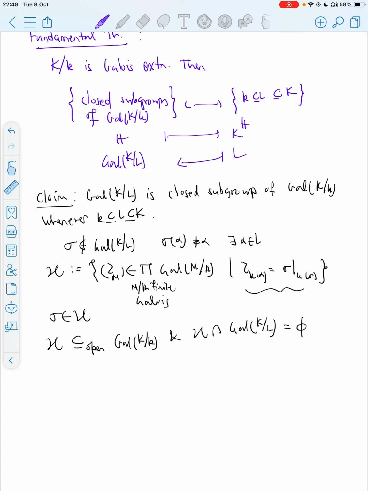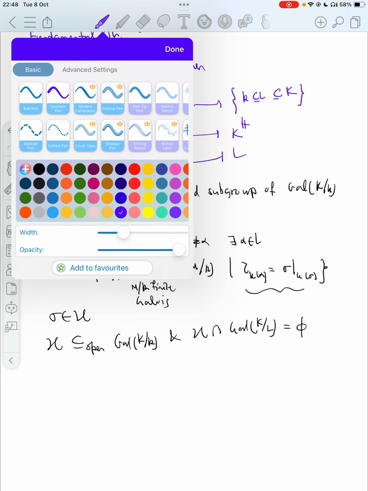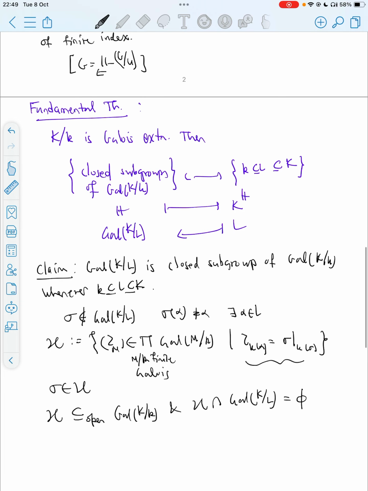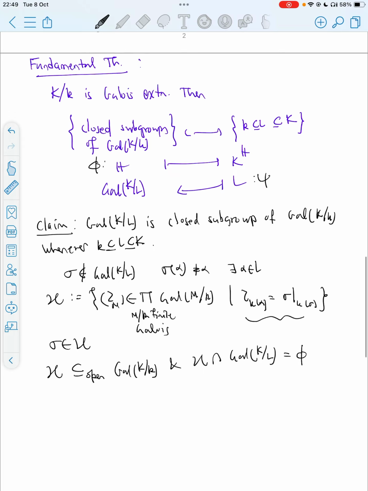So now you have maps in both directions, and you just have to show that the compositions are the identity. Let me call one of them map phi, the other map psi.